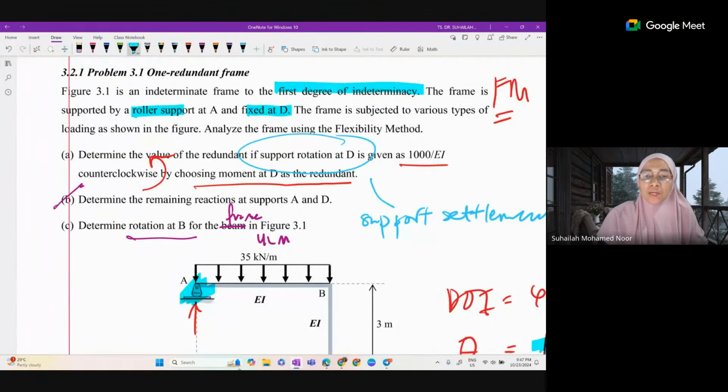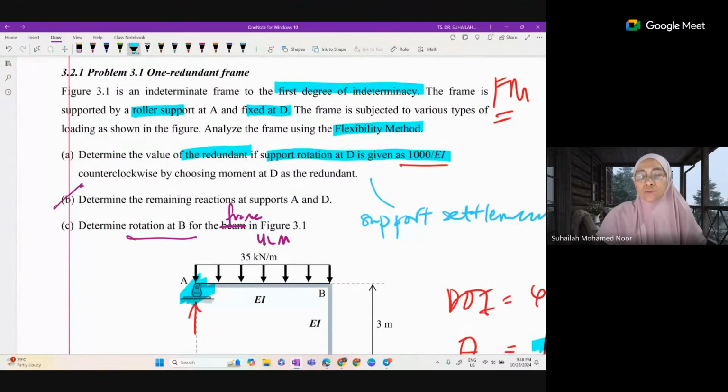We will analyze this using the flexibility method, and we need to consider the settlement. Determine the value of the redundant. If support rotation at D is given as 1000 over EI counterclockwise, and we choose the moment at D as the redundant.